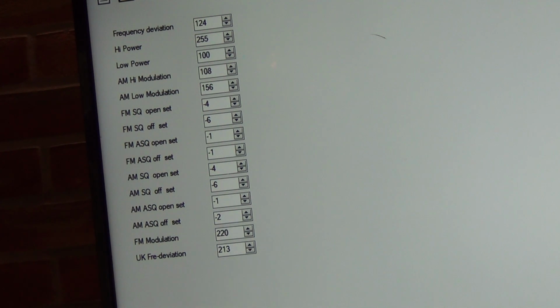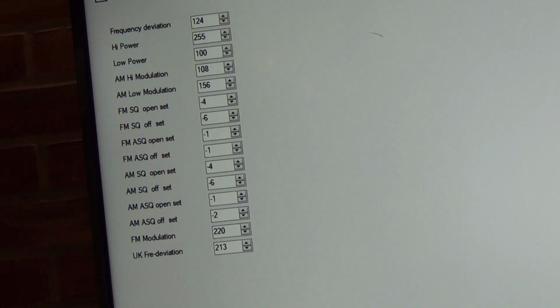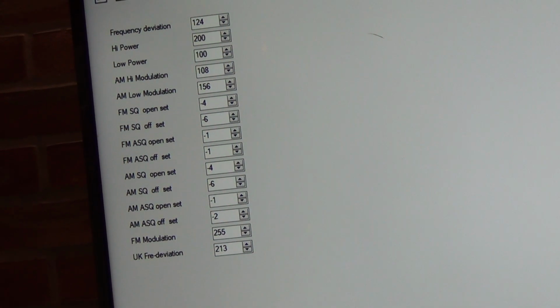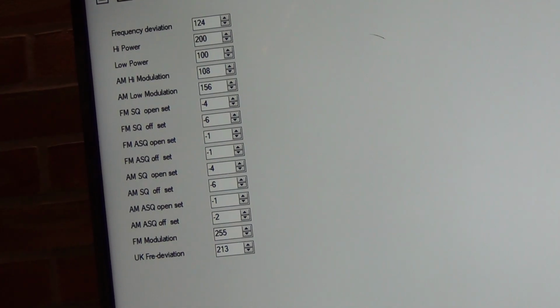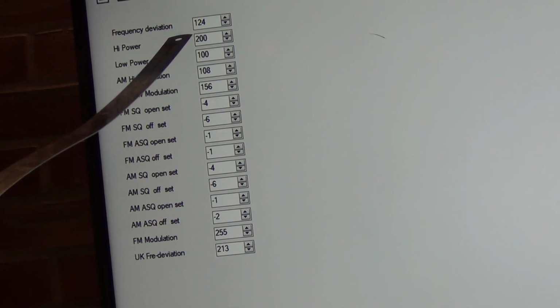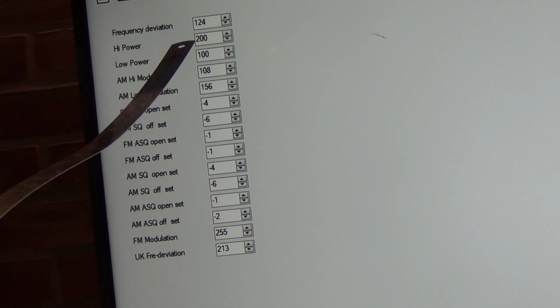So what I'm now going to do, folks, I have to go back to the workshop in the house, and I'm going to have to put it on the test set, and I'll tell you what the figures are with the clipboard. So what I've done is we've taken high power to 200. There's no further power improvement from that.